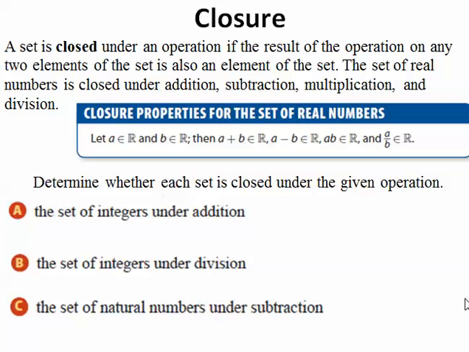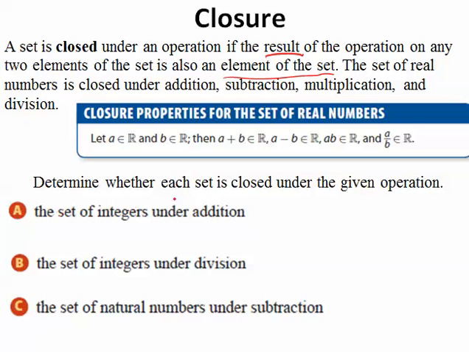Closure means that if we have a set of numbers and we do something, if we add them, if we divide them, if we multiply them, will that answer be one of the numbers in our set? A set is closed under an operation if the result, which means answer, of the operation on any two elements of the set is also an element in the set.